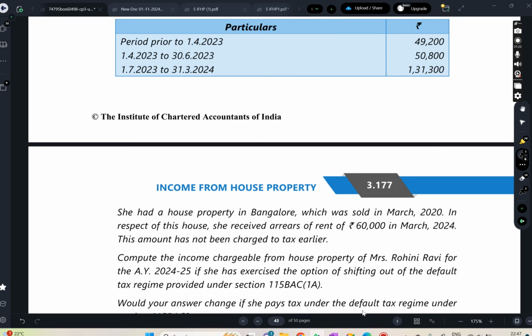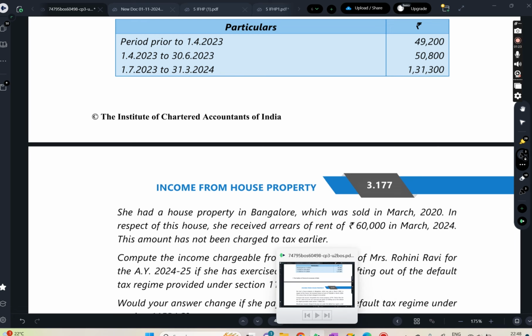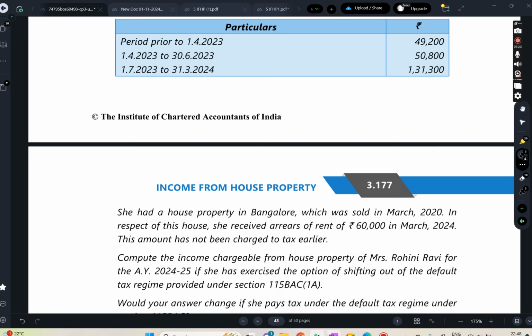You can solve that. On top of that, I have sent some more questions from past papers, CA past papers and CS past papers. You can do that also. The more questions you solve in tax, the more you learn. If you keep on reading the same provision again and again, it does not work out that way.